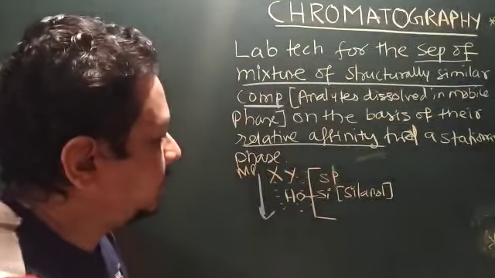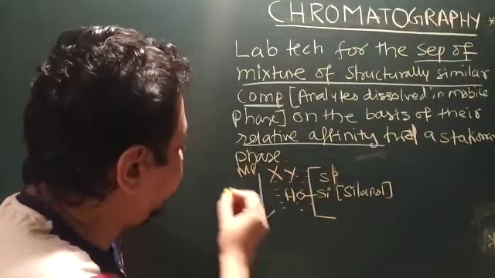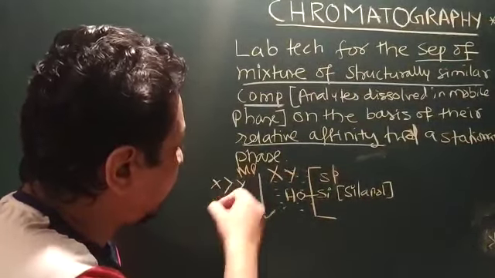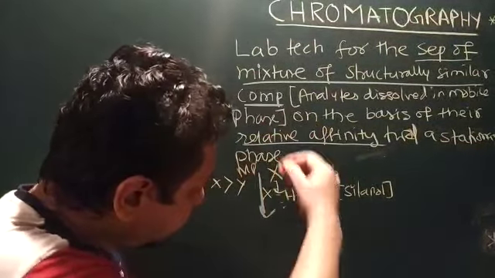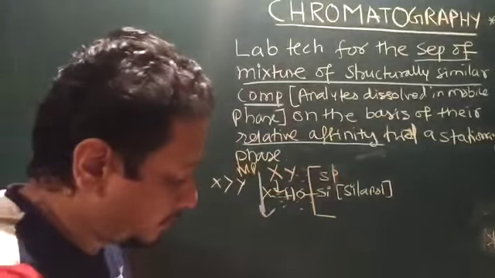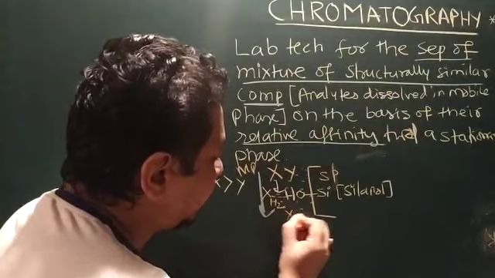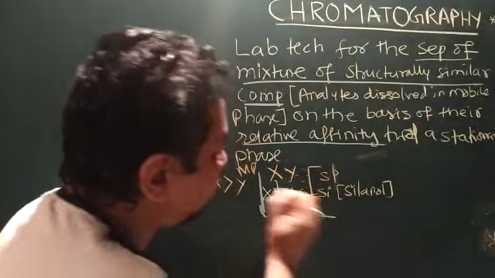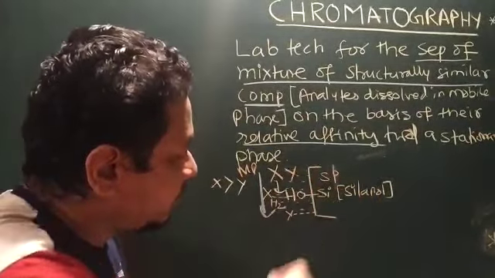Now if the polarity of X is greater than Y, that means while passing through the stationary phase, X is capable of forming hydrogen bonds with the stationary phase more readily than Y. Y may form the hydrogen bonding later, because first X is going to adsorb.